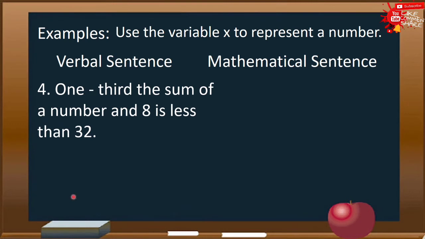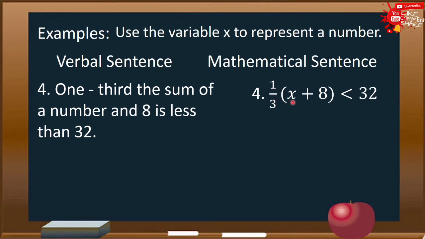Now let us have example number 4. So we have here, 1/3 the sum of a number and 8 is less than 32. So 1/3, then we have the sum of a number and 8. So the sum of a number and 8, the number is represented by x, then we have the 1/3.